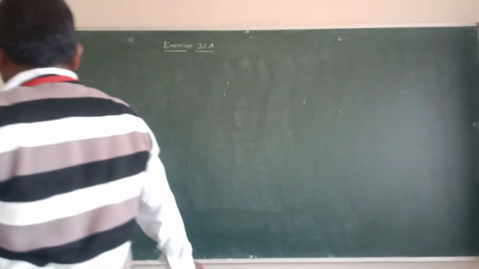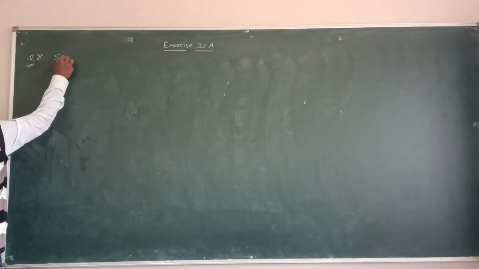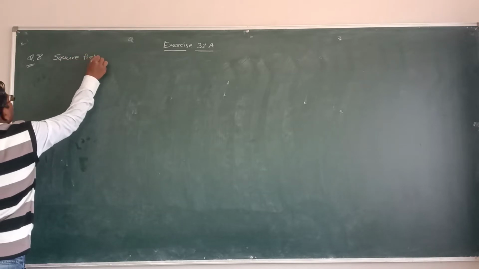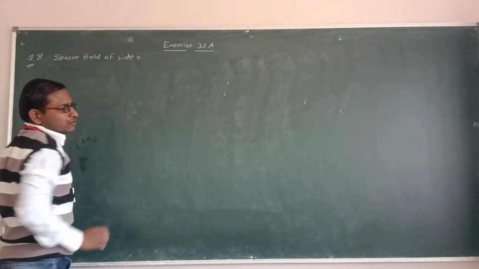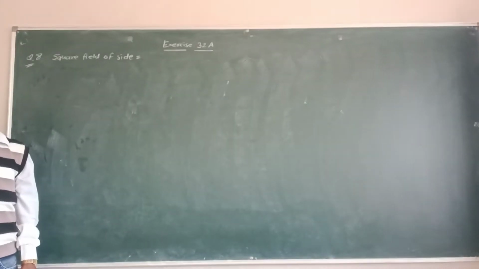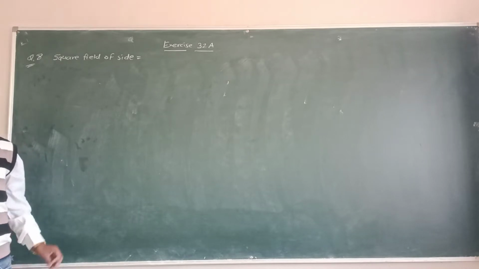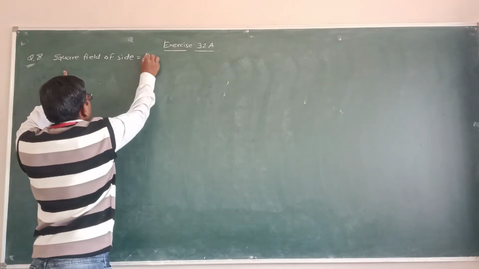So first you find the perimeter of the square. Given: the square field has side equal to 70 meter.